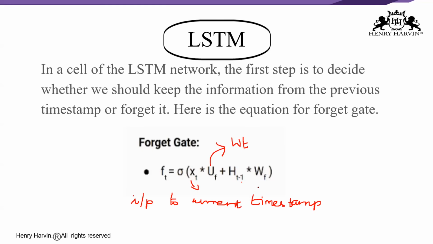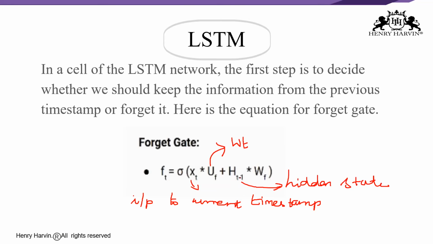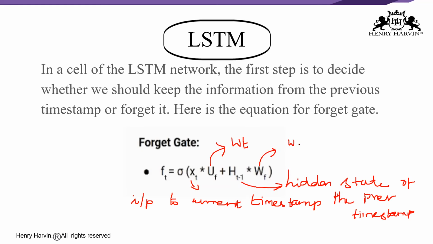So again, this is going to be the hidden state at t minus 1, right? So the hidden state of the previous timestamp. So what is this Wf going to be? This is the weight matrix, right? So Wf is the weight matrix associated with the hidden state, right?